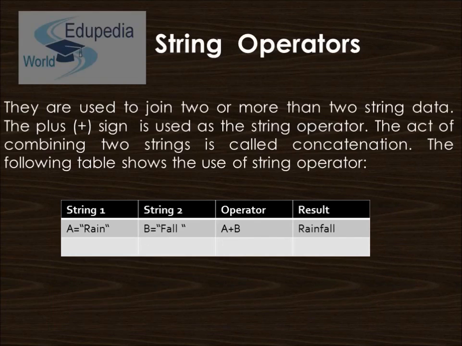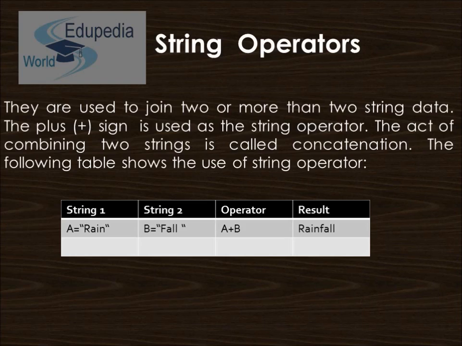Now comes the string operators. They are used to join 2 or more than 2 string data. The plus sign is used as the string operator. This act of combining 2 strings is simply called concatenation. The following table shows us how this string operator works.